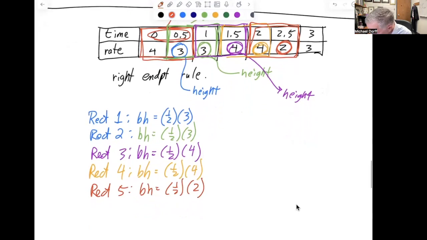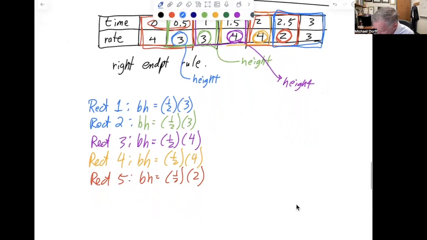And then the last one, I'll use in blue here, this one, and its base is a half and its height is 3.